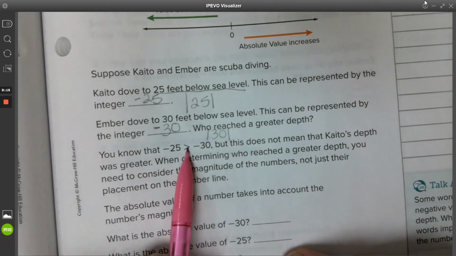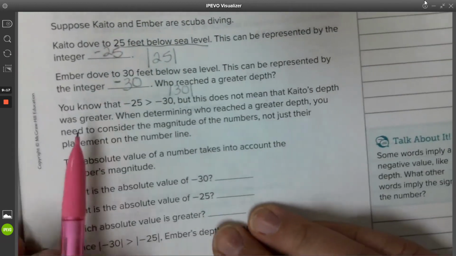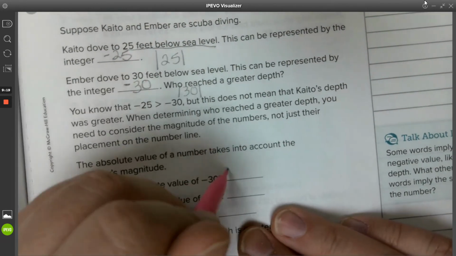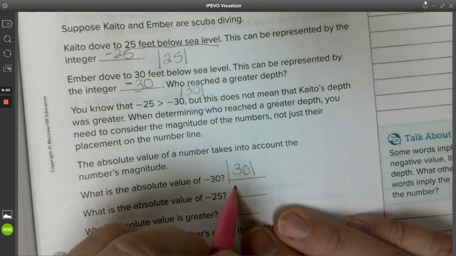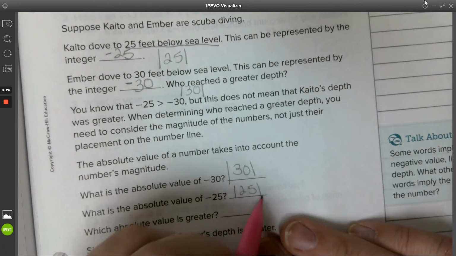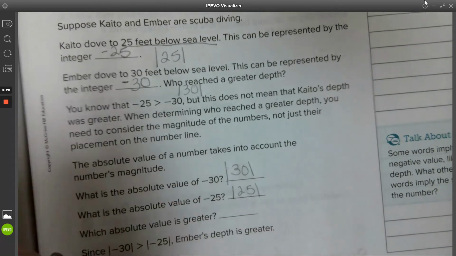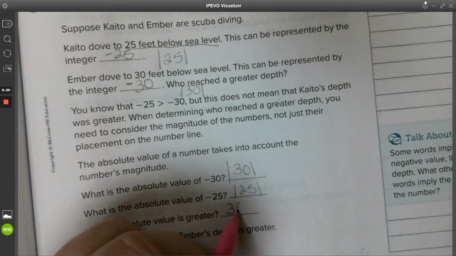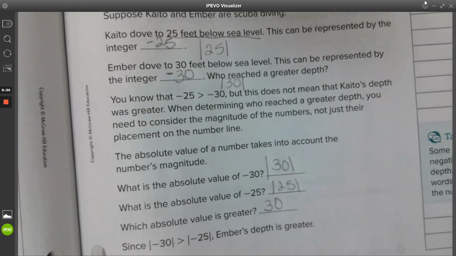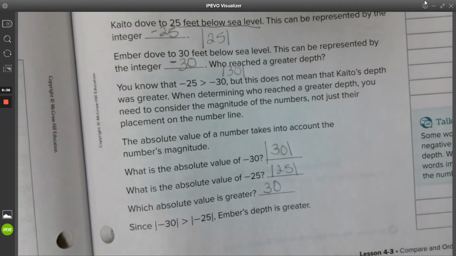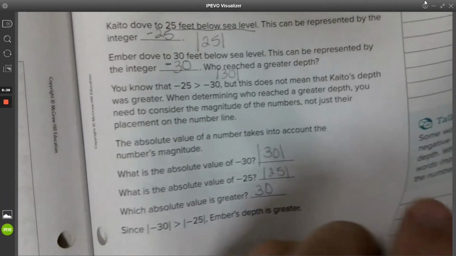Now, even though -25 is greater than -30, the absolute value of -30 is 30, and the absolute value of -25 is 25. So in this case, the absolute value is greater with the 30. So that's how we would compare it. So we could say that Ember's depth was greater.